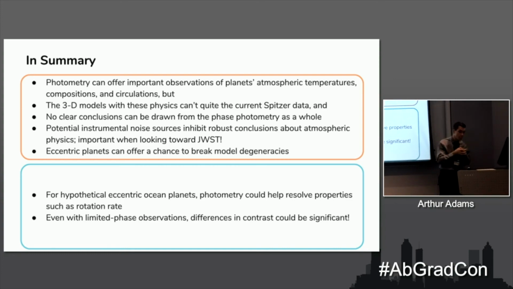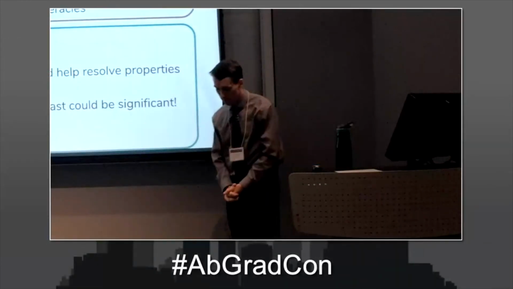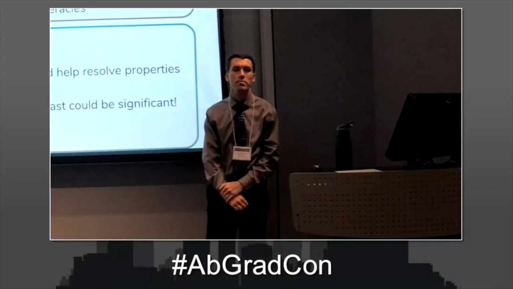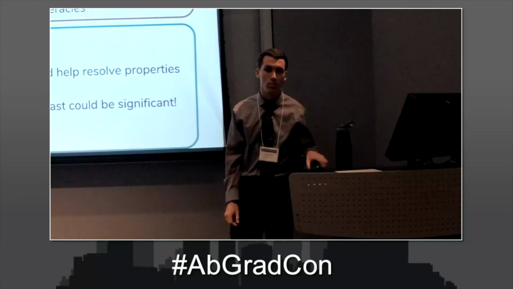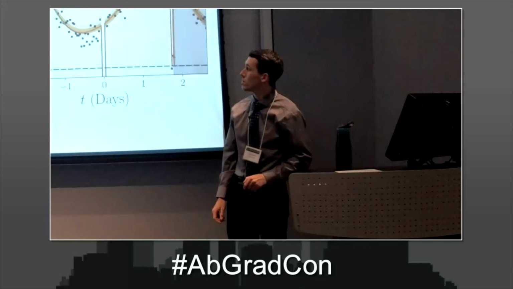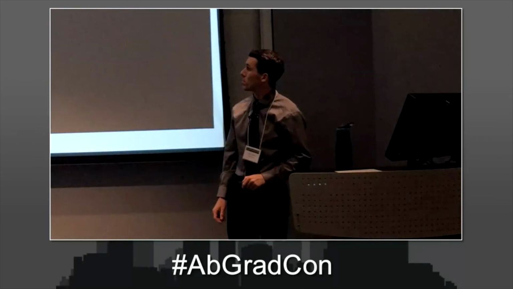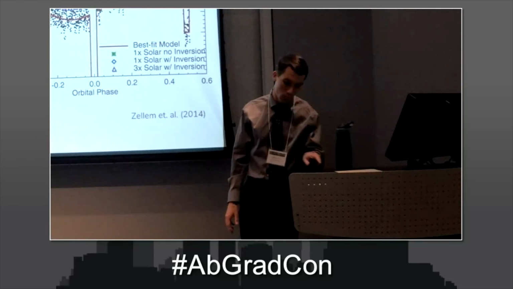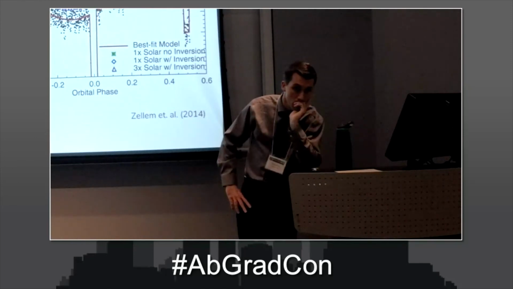Do we have any questions? So Arthur, when you showed HD 209458 at the beginning, citing Schumann 09, you said you couldn't fit the data. So that's the data from Knutson 2008, right?